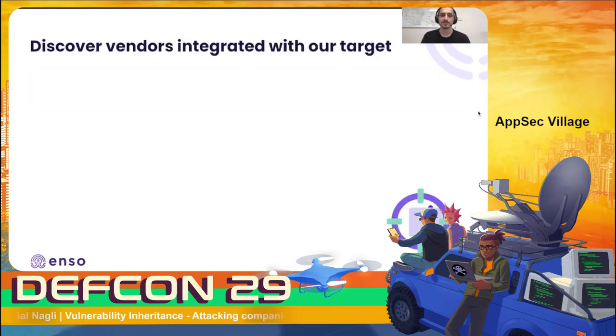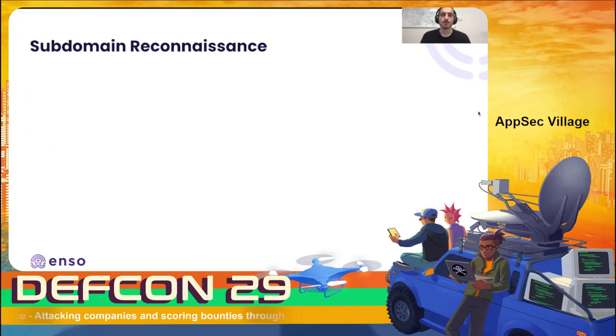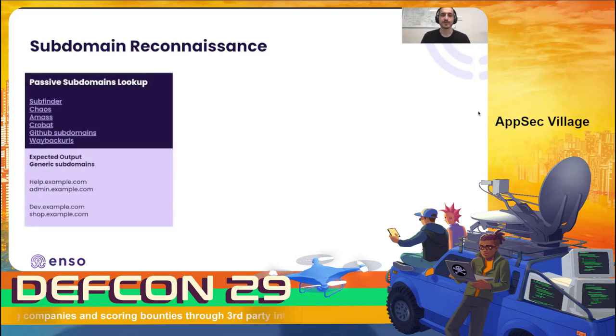So first, let's discover vendors integrated with our target. We will take wildcard.example.com as our example target. So we'll start with subdomain reconnaissance. First, we'll do passive subdomain lookup. These are the tools that I use when I do passive subdomain lookup: Subfinder, Chaos, Amass, Robot, GitHub subdomains, and Web URLs.